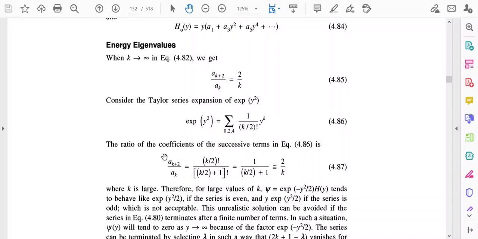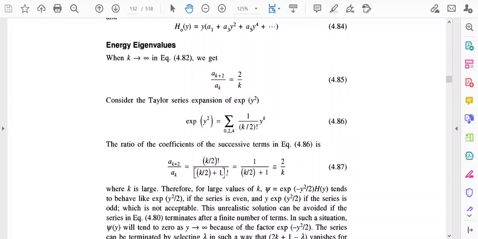Now consider the ratio of the coefficients of two successive terms on the right hand side, suppose ak plus 2 by ak are two successive terms. So they can be expressed in this manner: 1 by k by 2 factorial divided by 1 by k plus 2 by 2 factorial. This is the ratio of the two successive terms.